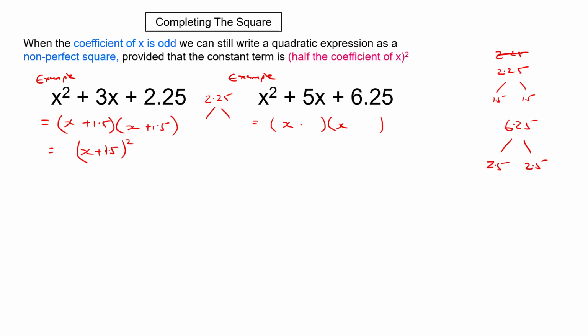Both positive, so plus 2.5 and plus 2.5. So this works also for decimals, and our perfect square is x plus 2.5 squared. I'd say maybe write just one of these examples down, either one, they're very similar. And then when you're ready, hit play again.